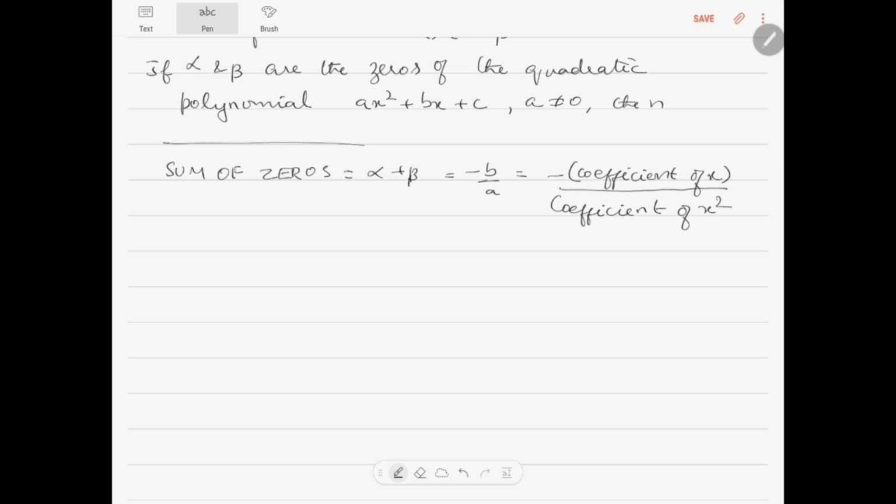So this is the very important formula to find the sum of the zeros.